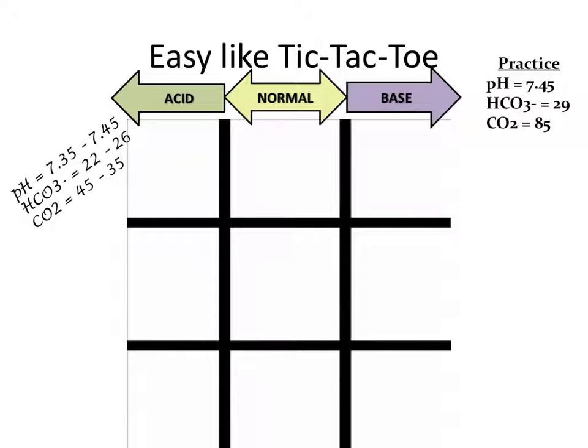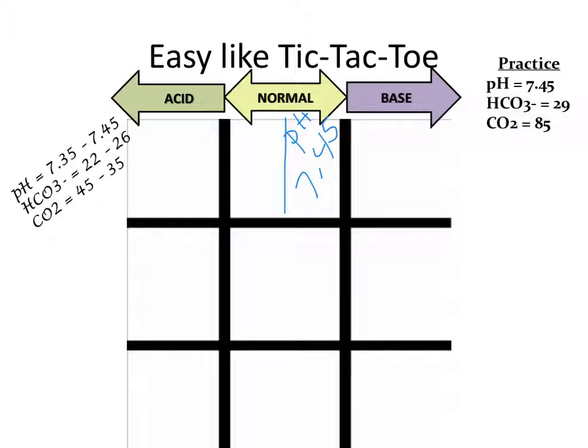7.45 on our pH. So that's normal, but if we were to draw a line down the middle, this is going to be on the base side of normal. All right, so our pH is there. Still normal, but it's leaning very far, almost out of range to the base side. So we're going to have that in the back of our mind.